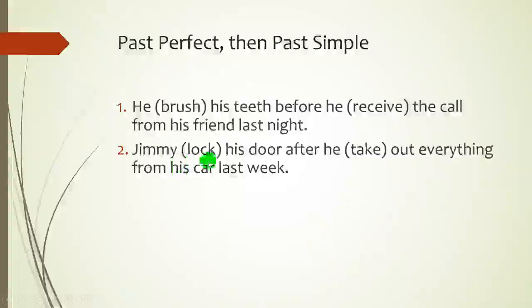Number 2. Jimmy locked his door after he took out everything from his car last week. Locking his door and then taking out everything. So the first activity is taking out, and the second one is locking, from the word after.